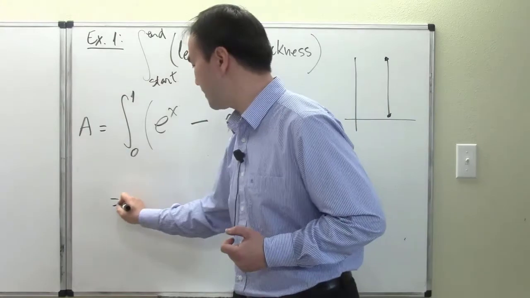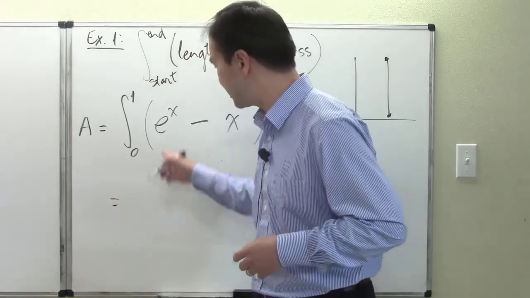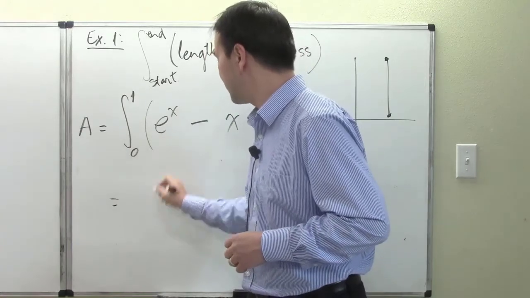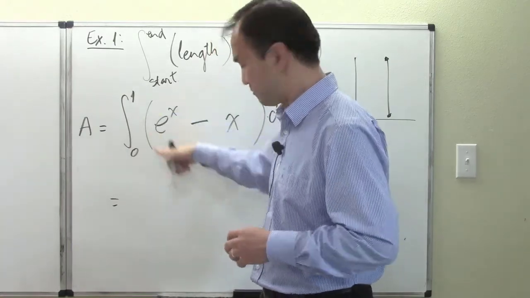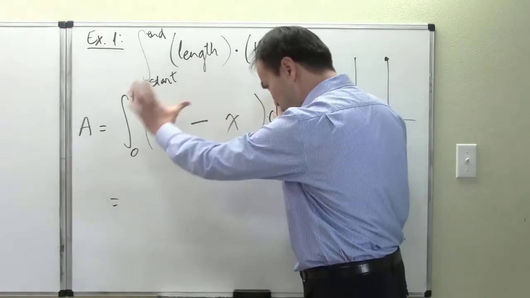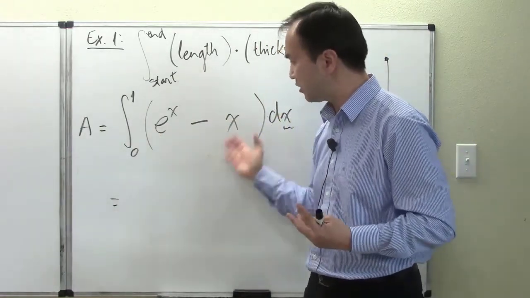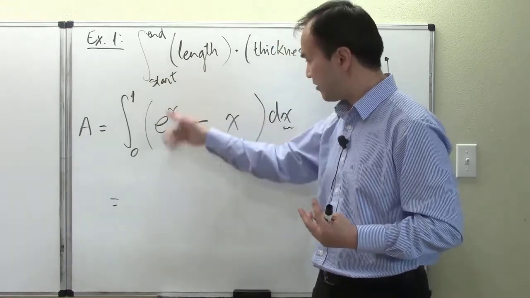And so the fundamental theorem of calculus at this point says, in order to evaluate this, we take the antiderivative of this main function. Once we set it up as a complete definite integral, we realize this is a function: e to the x minus x.